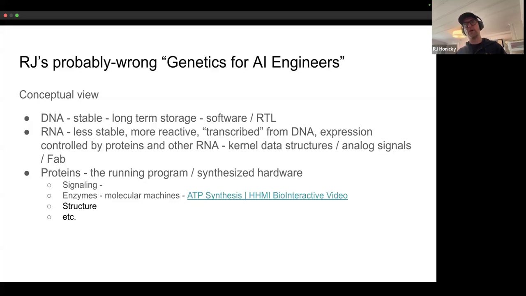That could be because it affects the expression of other genes, or because it signals to other places in the cell or outside the cell. RNA is also the mechanism by which proteins are created in the cell.